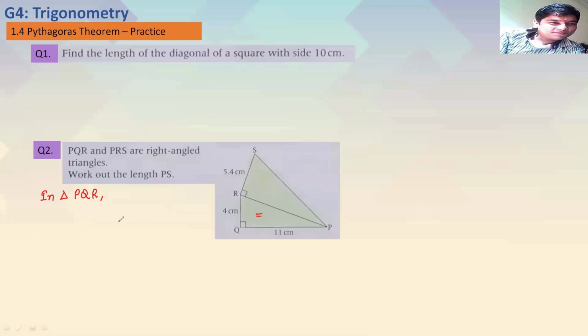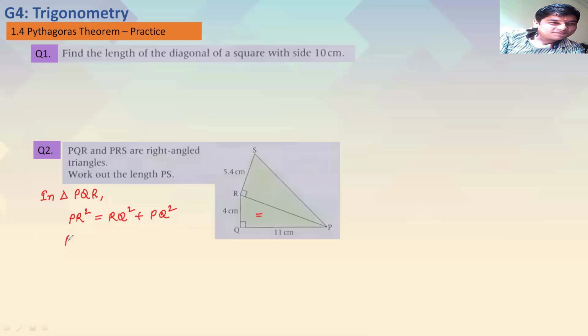In triangle PQR, the hypotenuse is PR. So PR squared is equal to RQ squared plus PQ squared. Any doubts in this?